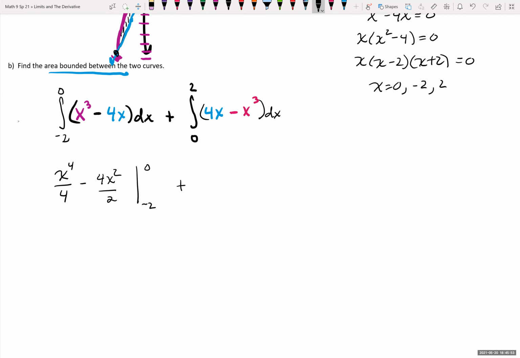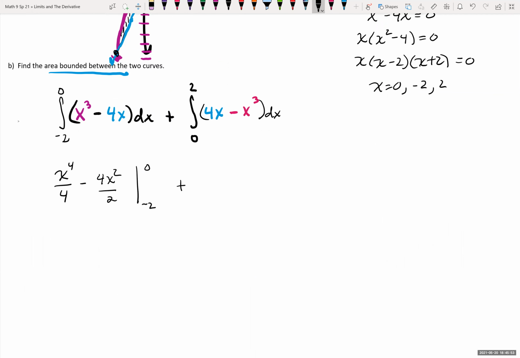Plus, antiderivative of 4x is 4x squared over 2, minus the antiderivative of x cubed is x to the 4th all over 4. And that's evaluated from 0 to 2. So upper bound first. Notice when we plug our upper bound of 0 in for that first integral, we just get 0. Minus now the lower bound, plugging in -2.